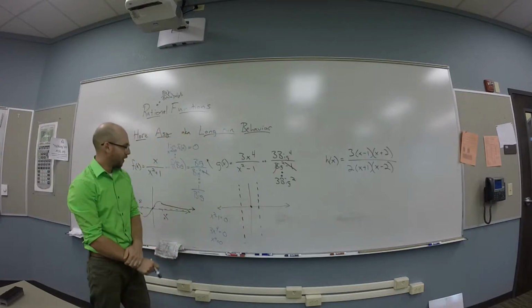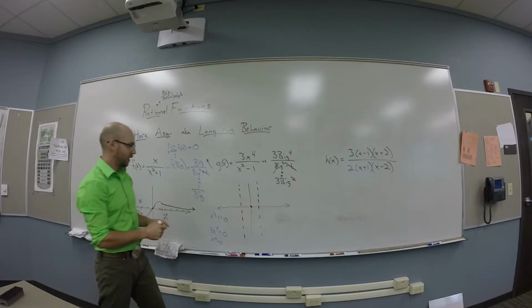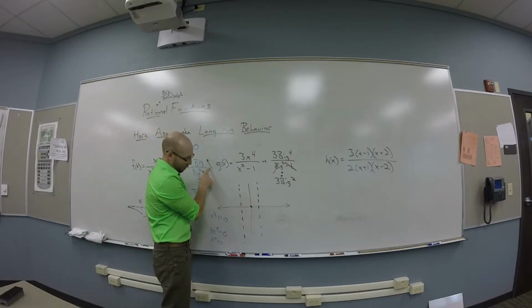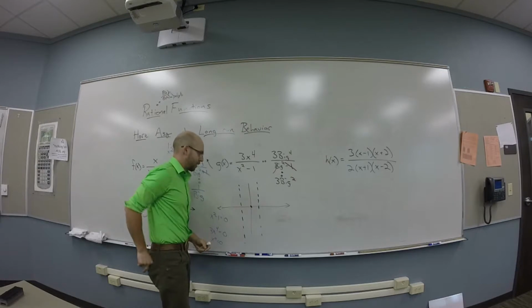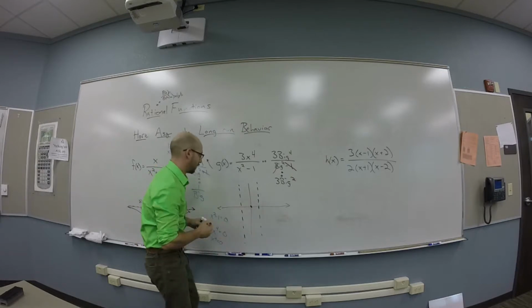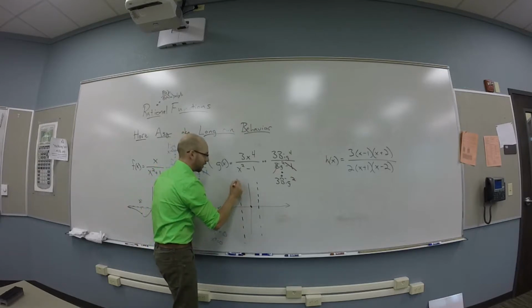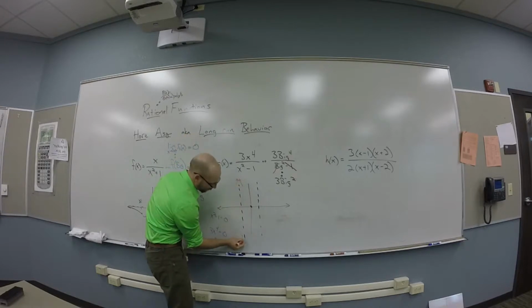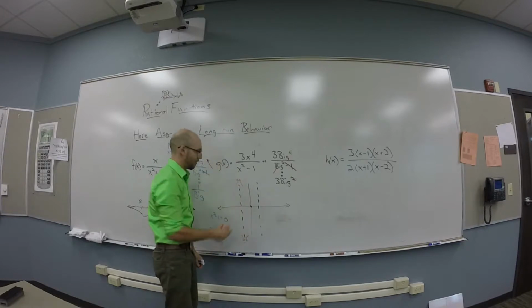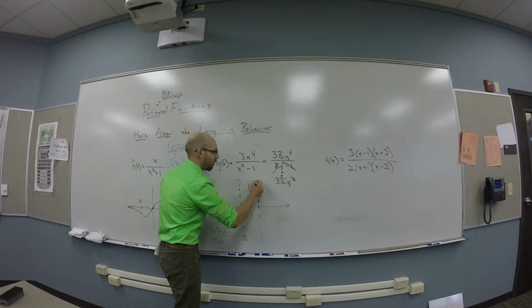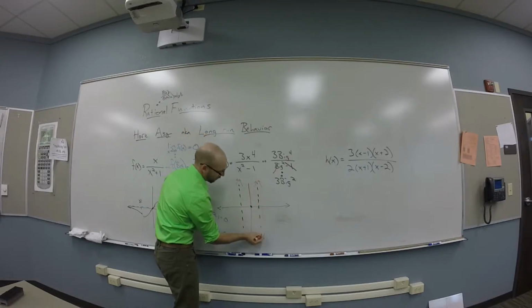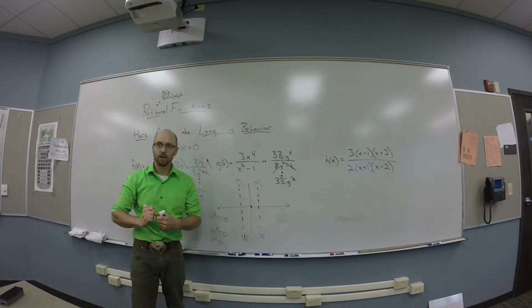How do I figure out what else it looks like? We have to figure out what's going on between those asymptotes. On this asymptote, some of these red arrows have to be obeyed. It's either going towards infinity or minus infinity on each side of the asymptote.